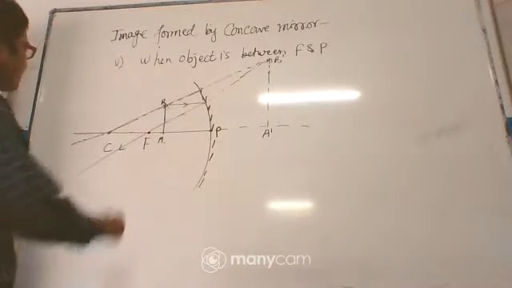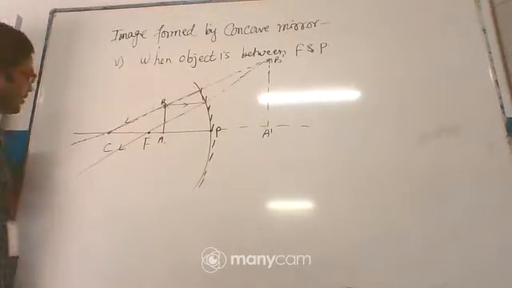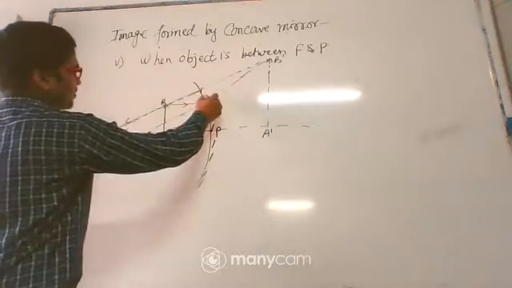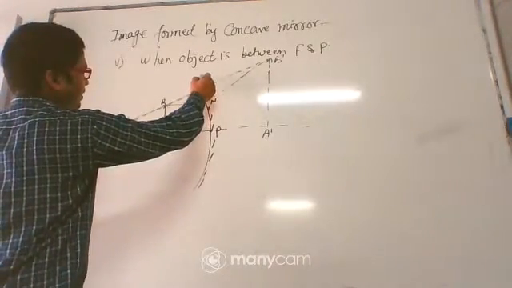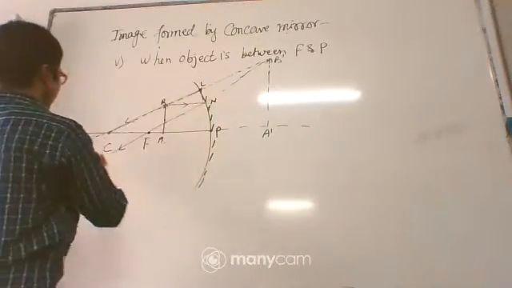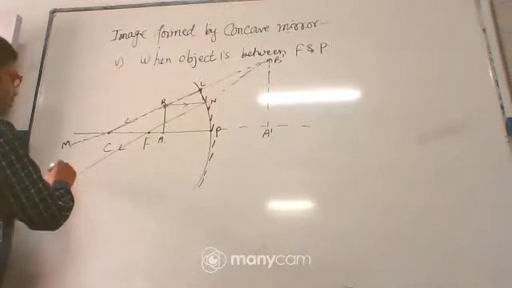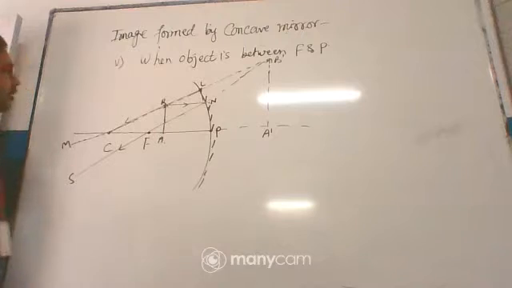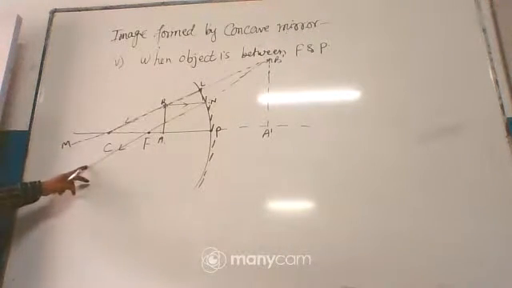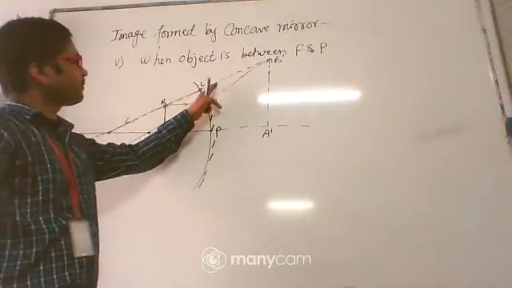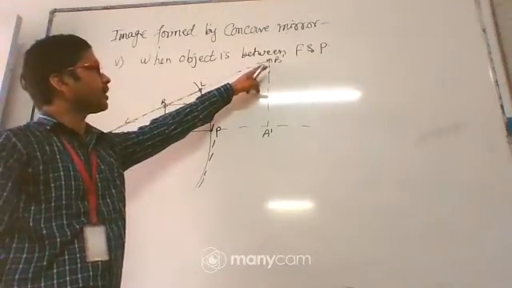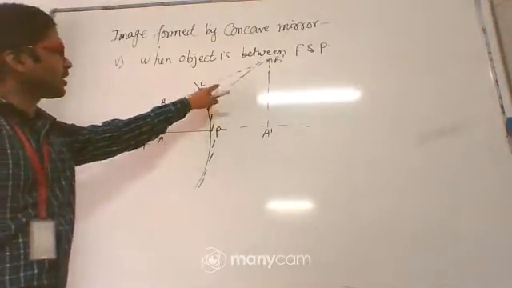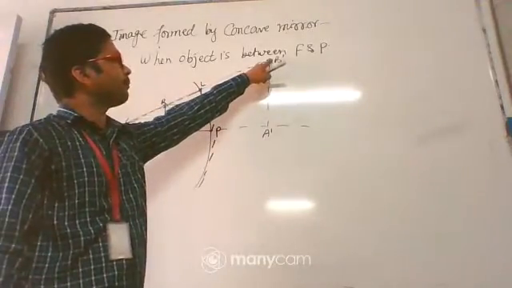So, in this case, suppose this one is N and this one is L, M, S. These two rays, that is LM and NS, do not intersect each other at any point, but after extending them behind the mirror by dotted lines, these are the dotted lines, they can intersect at some point B dash.